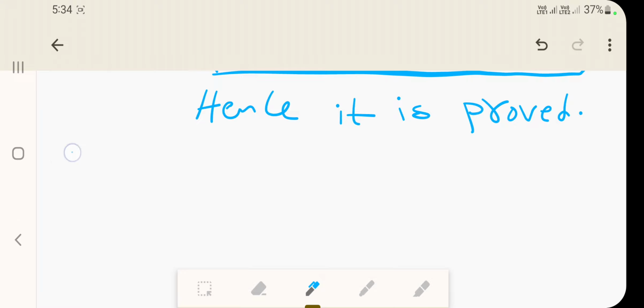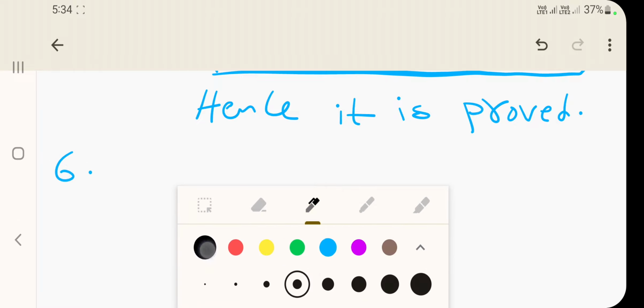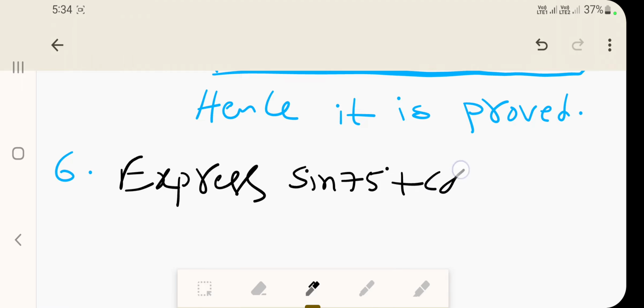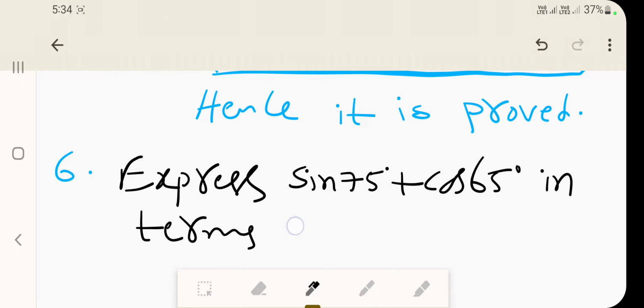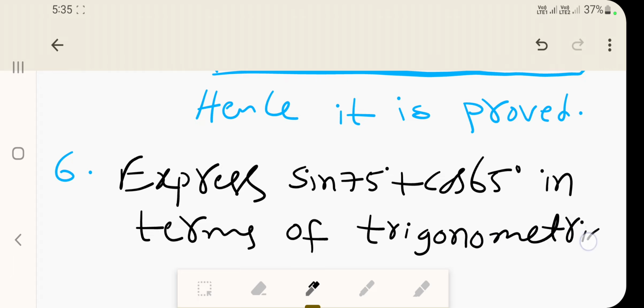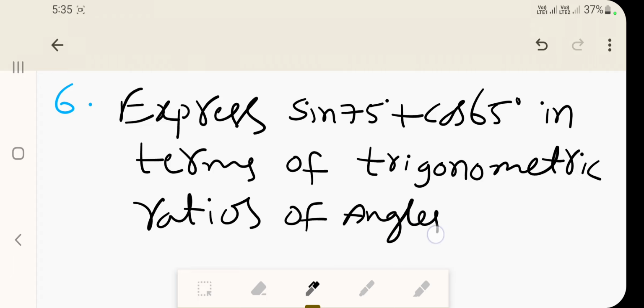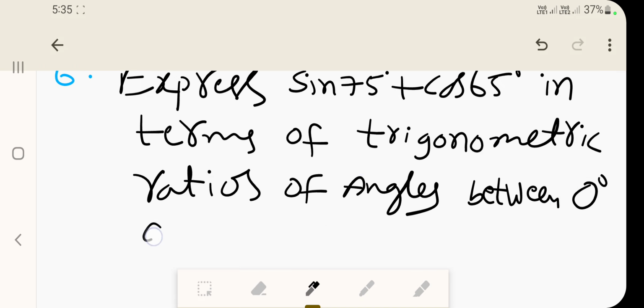Another problem of this exercise, what they have asked is express sin 75 degrees plus cos 65 degrees in terms of trigonometric ratios of angles between 0 degrees and 45 degrees.